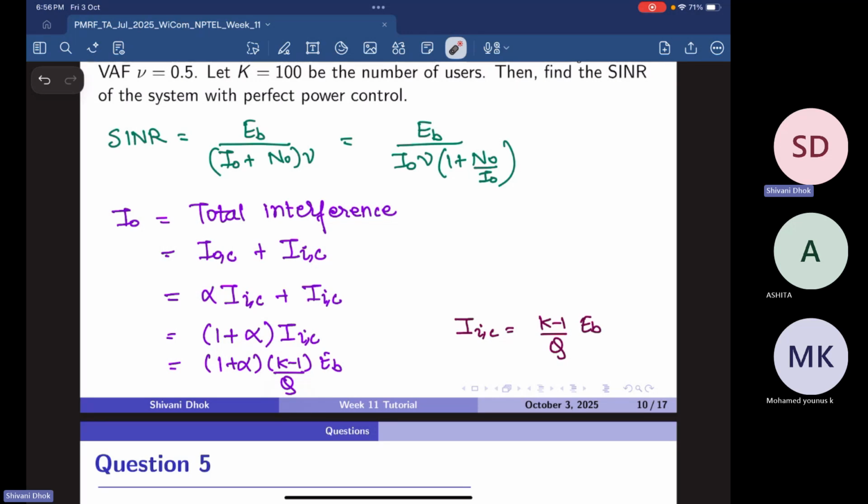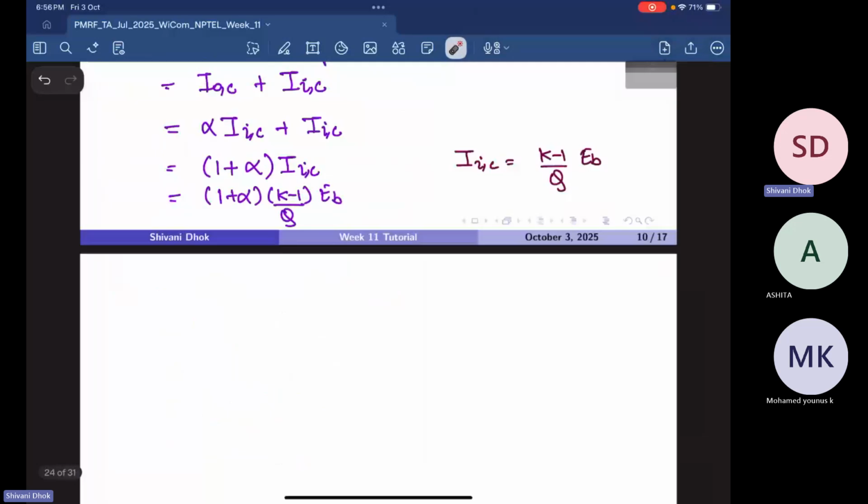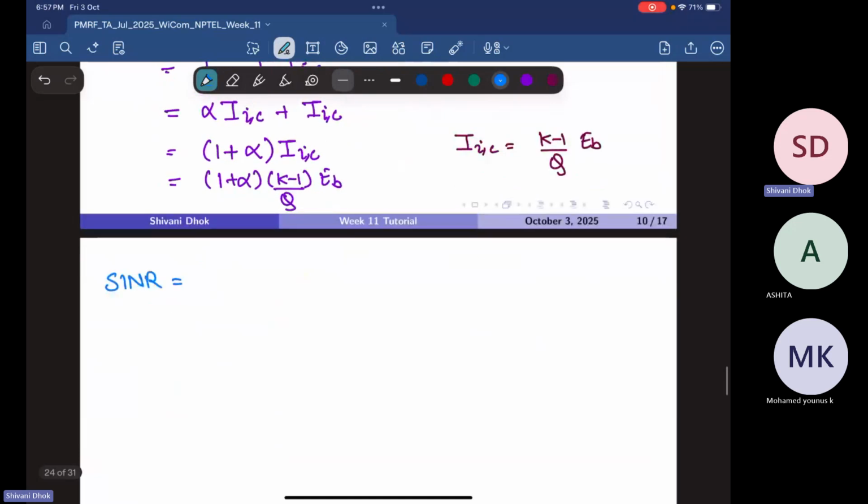Now what we will do is substitute this particular I0 that we have obtained in your SINR equation. For that, let me add a page. Let me change the marker. SINR was Eb upon I0 nu into 1 plus N0 by I0.